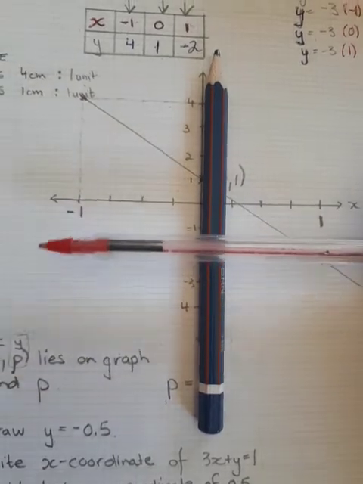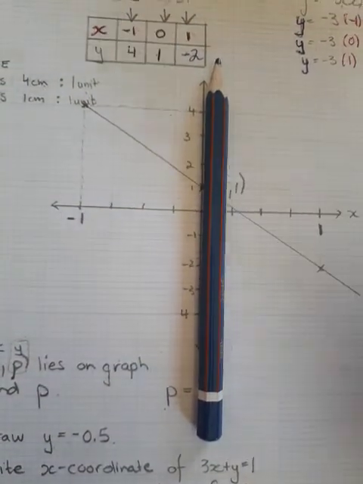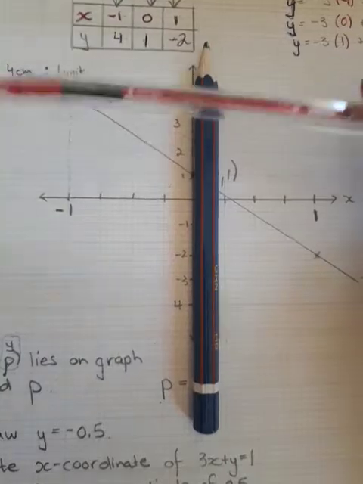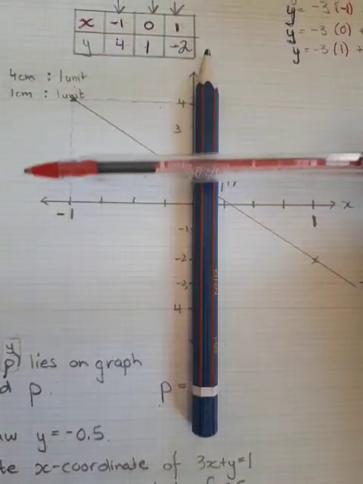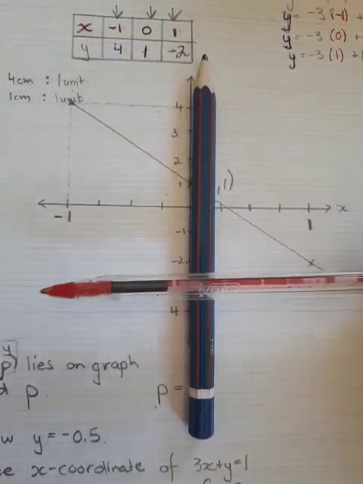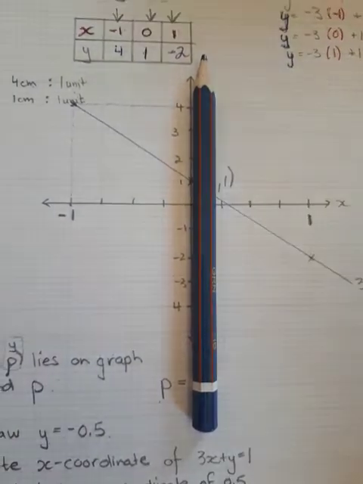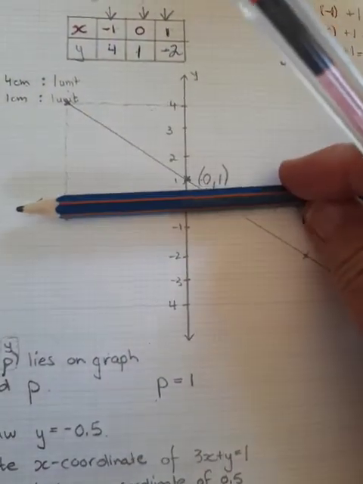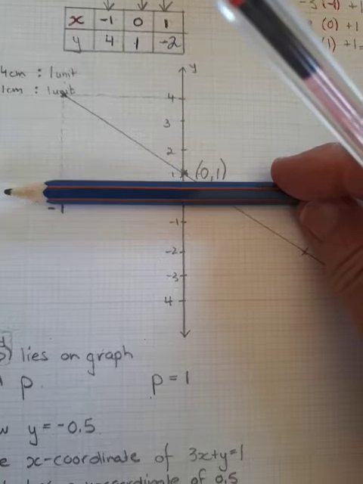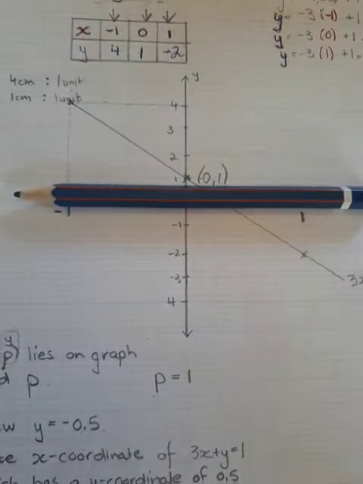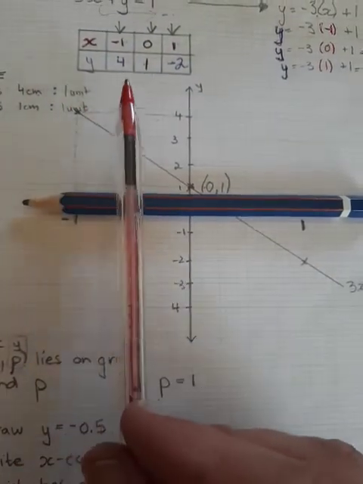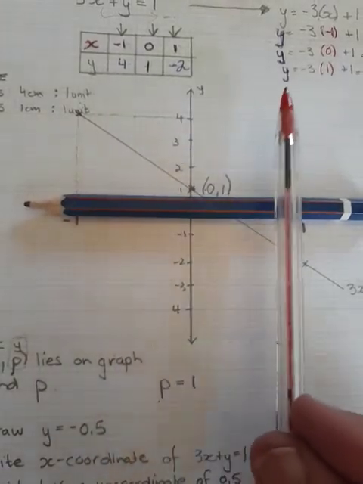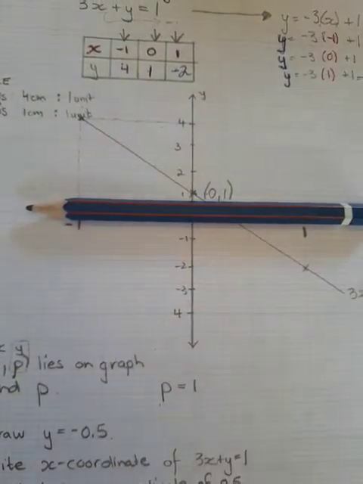You must remember that your y-axis is vertical, but a y equals a constant line will always be horizontal. And it is also the other way around. This is my x-axis, and x equals a constant will always lie vertically. So they are lying the opposite way around.